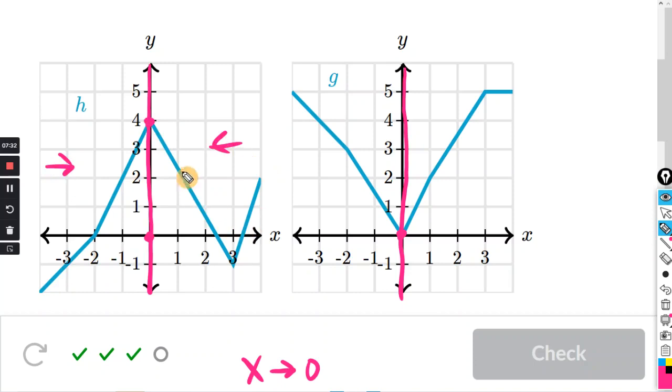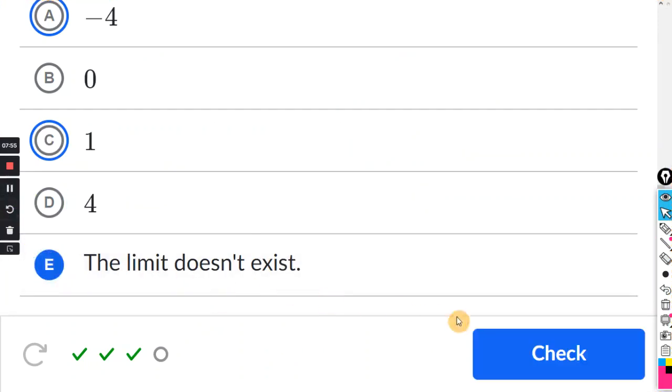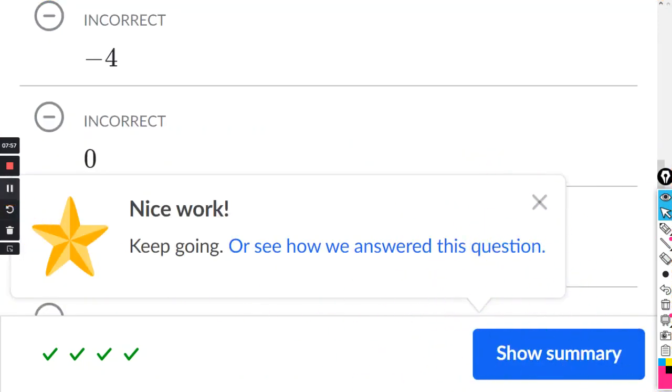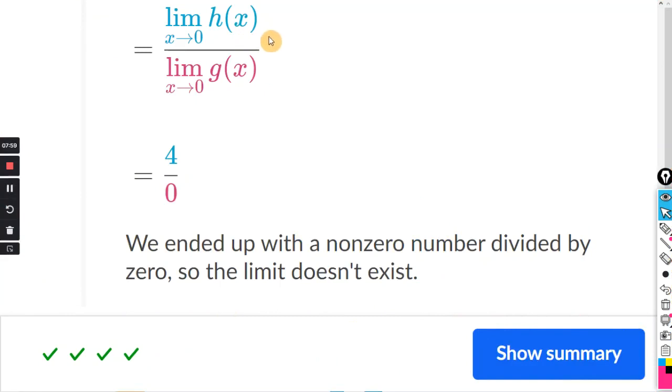From the positive side, we land on 4. On the other graph, from the negative side we land on 0, and from the positive side we land on 0. You cannot divide by 0. So that does not exist. Make sure on the quotient ones where you're dividing that you don't get a 0 in the denominator. Otherwise, it doesn't exist.